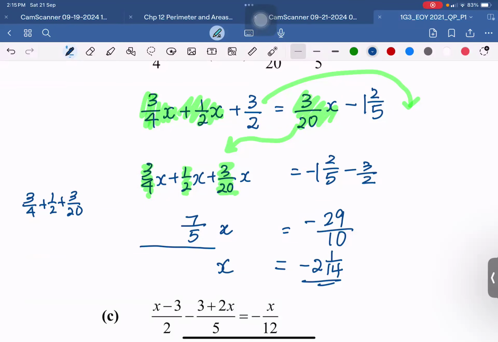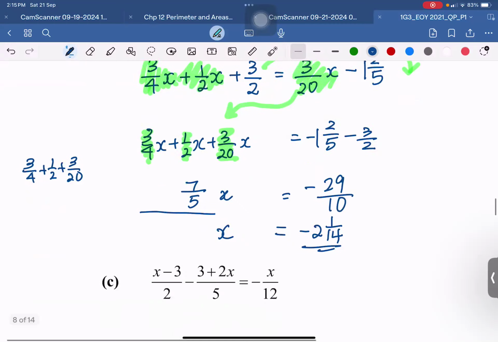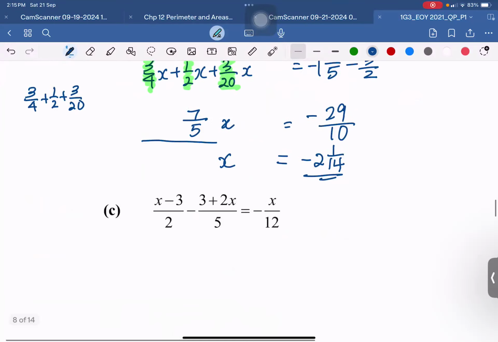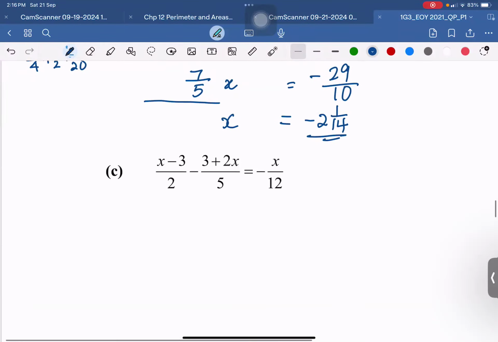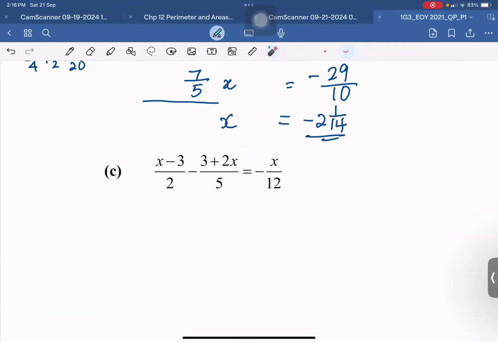Next question. Next one. Who should I call? First part, this one over here, this is subtraction. I highlight this again, right? There is a subtraction sign over here. What do we need to do to prevent careless mistakes? I need to put brackets, so we have brackets over there. Can anyone tell me how to make it the same denominator?